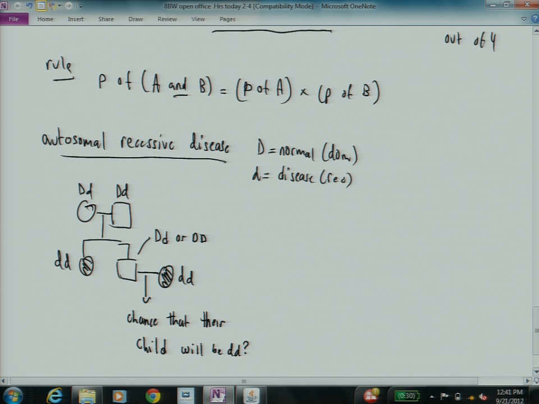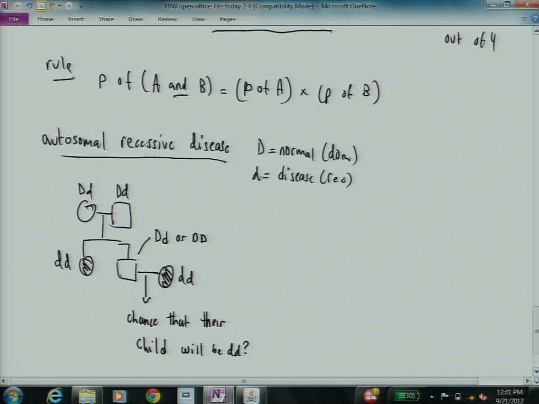Okay. So it depends on two things. Two things have to be true. Dad has to be a carrier, and Dad has to pass his disease allele down. Since both of those have to be true, that and that, it's the product of those probabilities. So let me show you how you do the probability there.